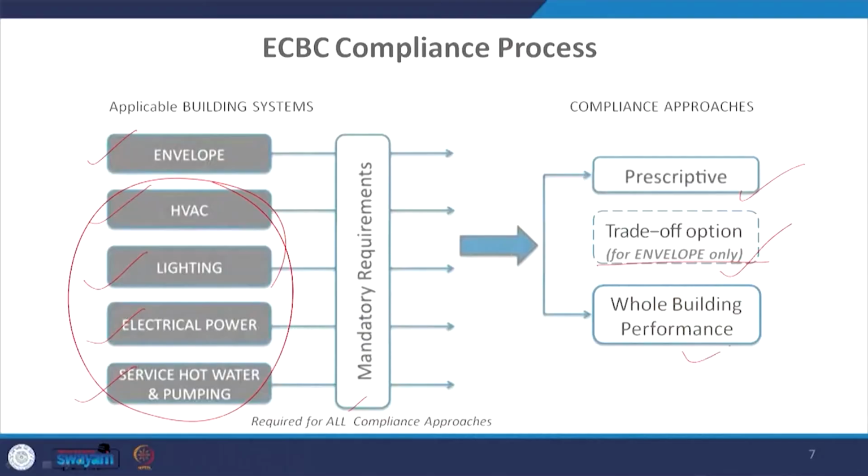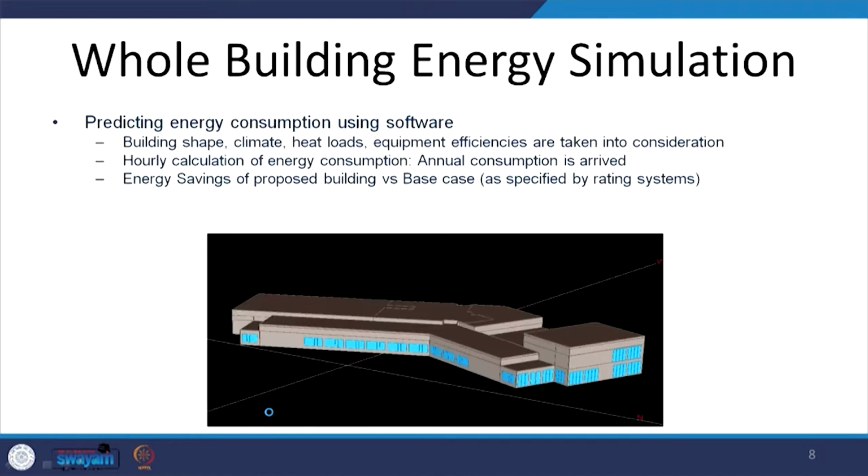The third one is this whole building performance approach, where all the components of building systems, energy systems in buildings, can be changed, but the overall performance of the building needs to be complied with.